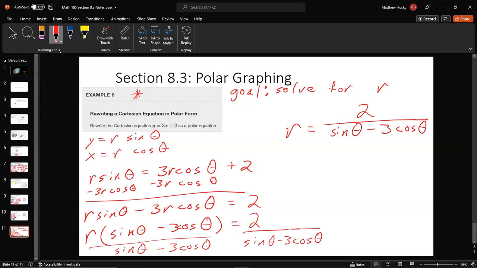Graphing it in polar form is going to be a lot more trouble than it's worth, which is partly why we're not asked to actually graph it. But that is how you could take something like the equation of a line and express it in polar form. So there you go. That's your equation.